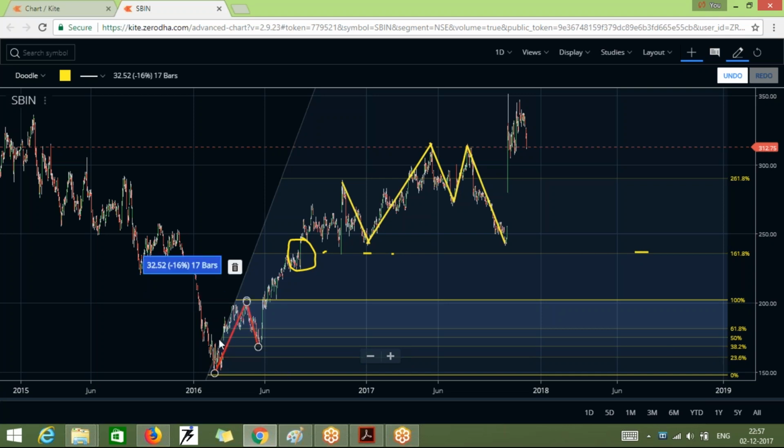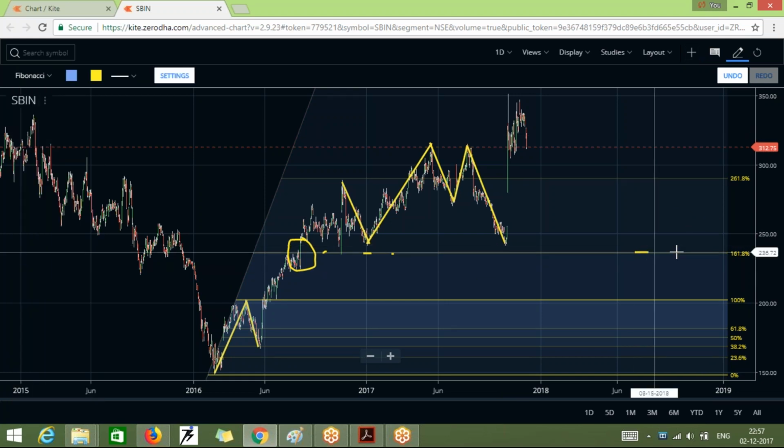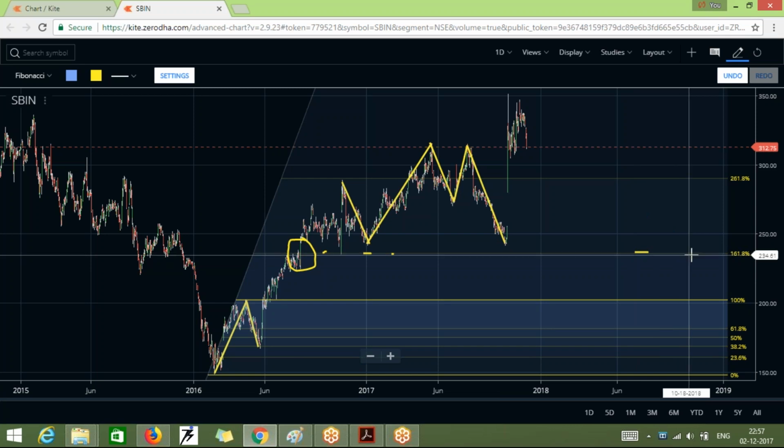So now there is a few calculations. The wave 5's distance is almost about 50, and the 1.61%, if we come here, you will find this 1.61 is approximately 236, 235.